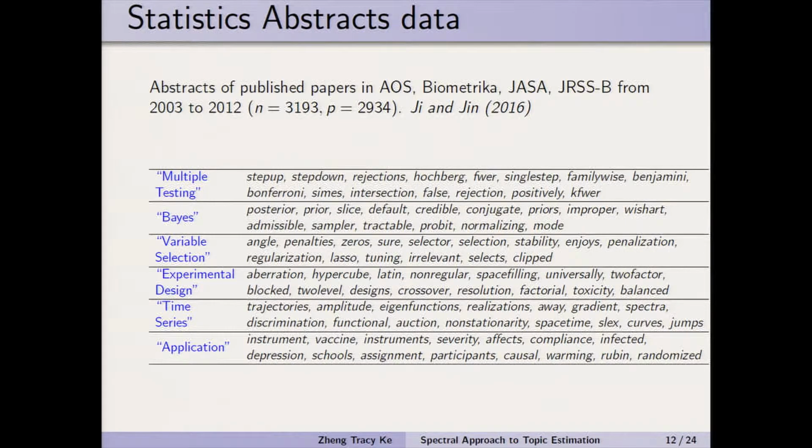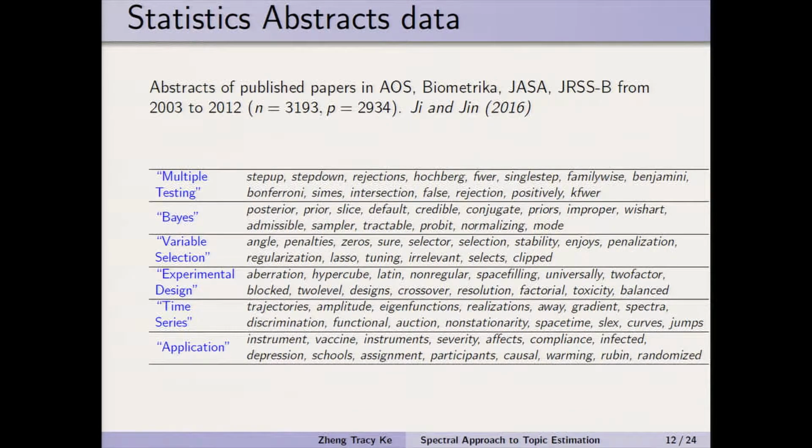For example, for multiple testing, we actually have a talk this morning by Lucas about multiple testing. And you see a lot of words such as family-wise error rate, K family-wise error rate, Benjamini-Hochberg, false rejection, etc. And for the topic bias, like posterior, prior, conjugate prior, improper prior, mode, sampler.